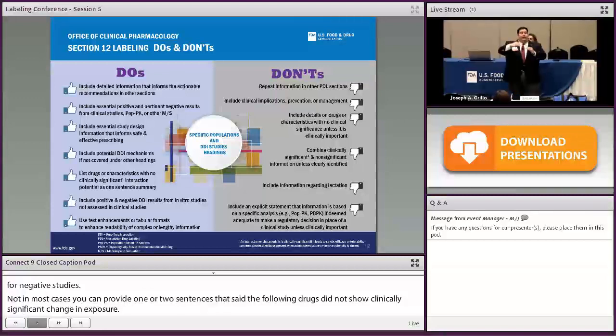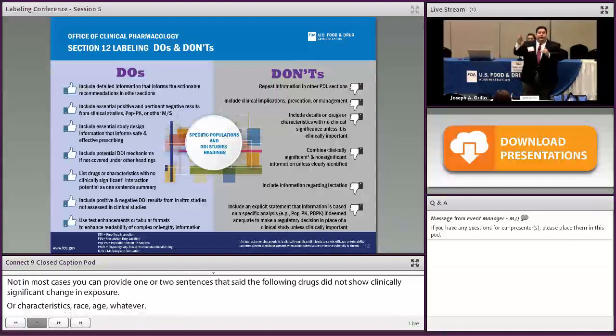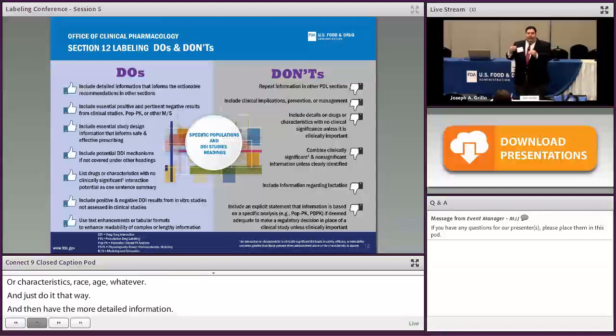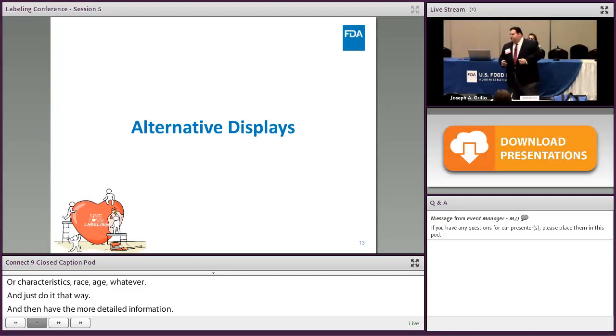And then have the more detailed information, and you could use tables or figures for the drug interactions, and have the negative information or the non-clinically significant information just as a one sentence thing.